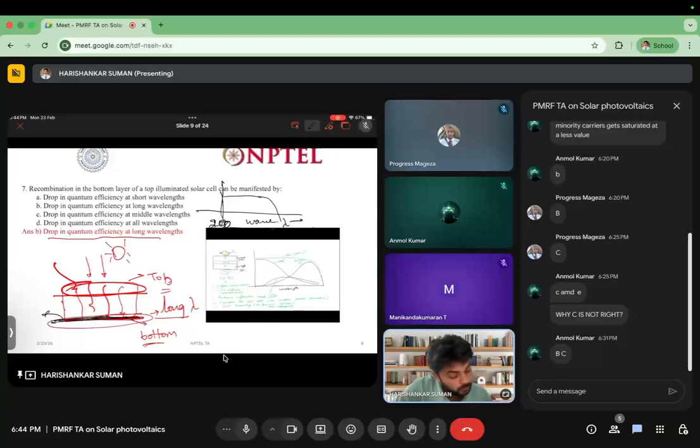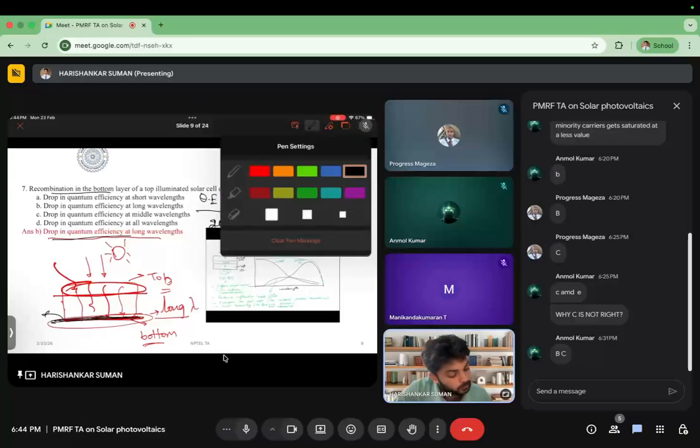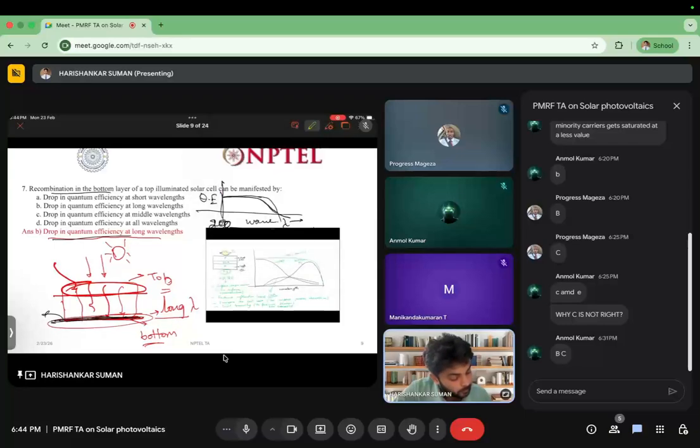So recombination at the bottom means the efficiency will drop like that. This is without bottom layer recombination. This is with.